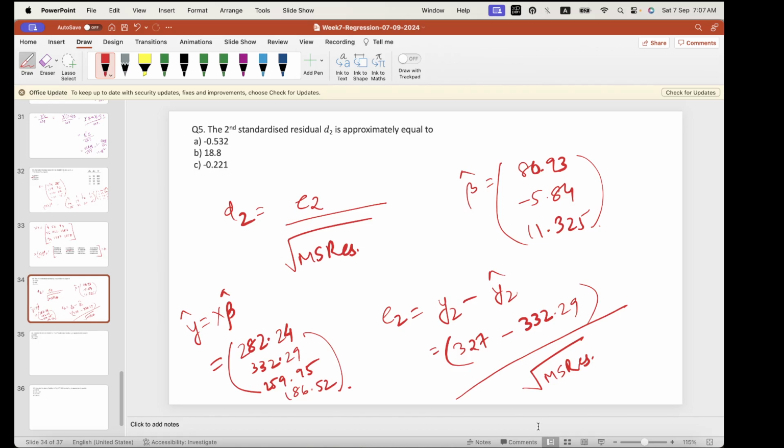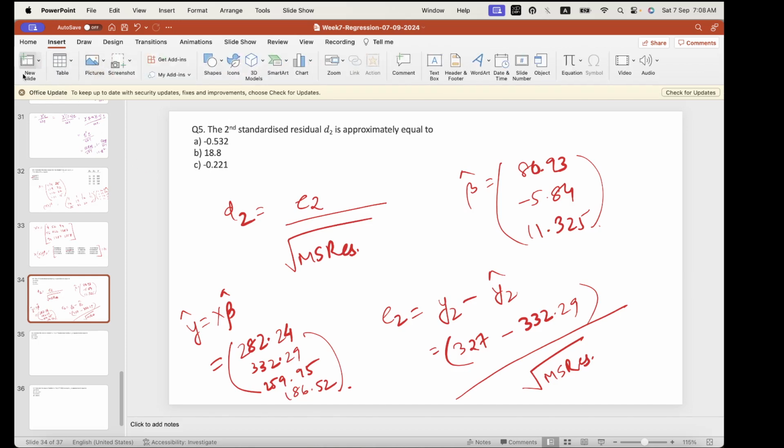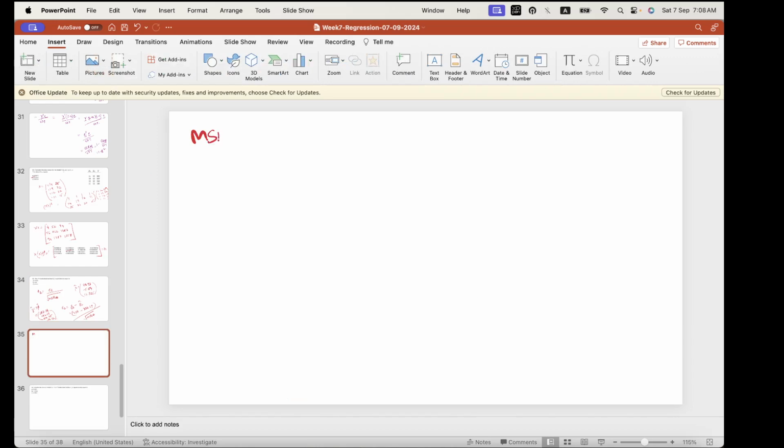Okay, so how do we find out MS residual? MS residual is nothing but SS residual by df of the residuals. Now here we have y equal to beta naught plus beta 1 x1 plus beta 2 x2 plus epsilon, 2 x's and 1 y, and 3 parameters of interest.